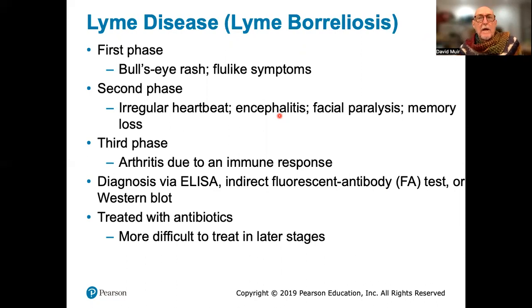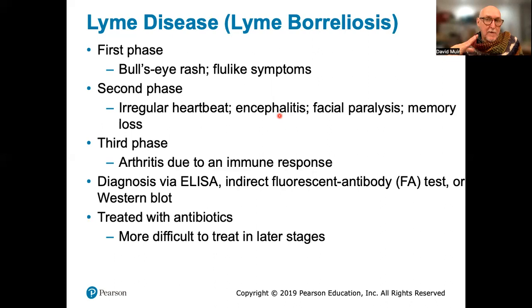But in other people, it actually becomes much more severe, and many of the effects, again, are probably due to immune responses, and it in particular can infect nerve cells and even infect the brain, causing an encephalitis, an inflammation of brain tissue. It can infect the facial nerves, causing facial paralysis and facial pain. All sorts of effects arise during a second phase.